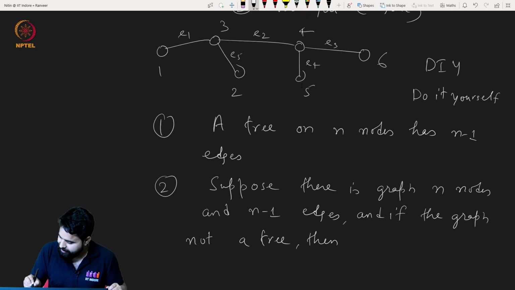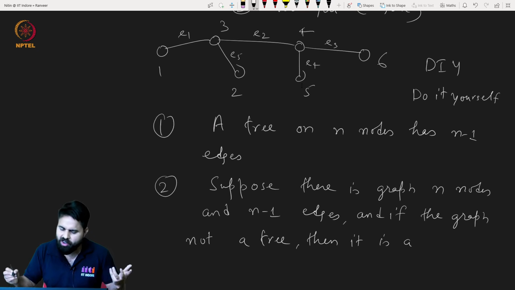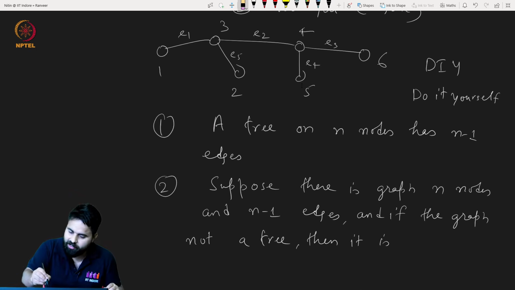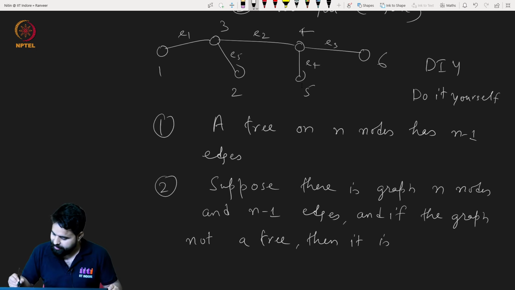Then it is a disconnected graph. It is not connected, or it has at least 2 components.